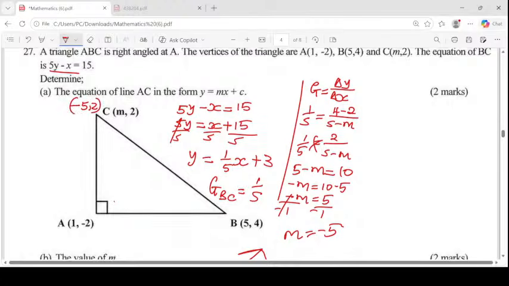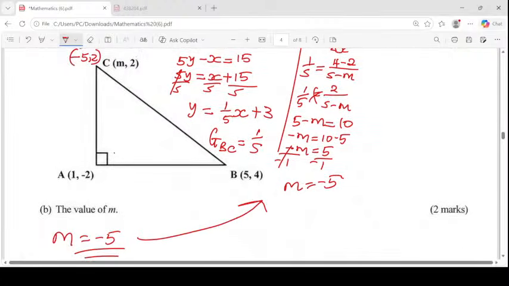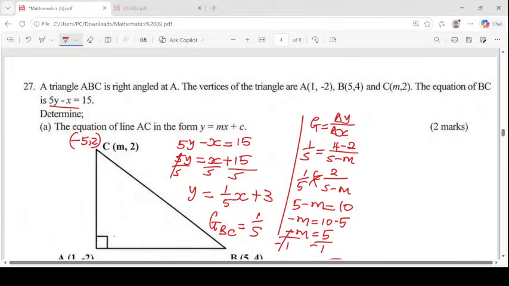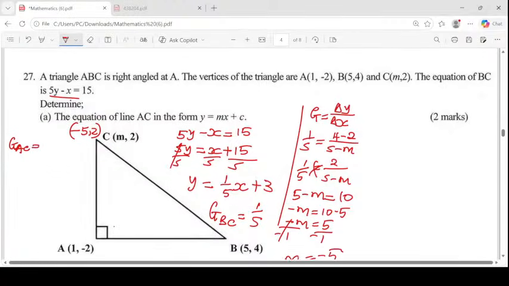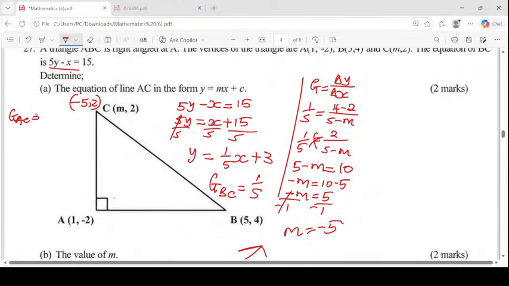I can get the gradient of line AC, which is change in y over change in x. So that is 2 minus negative 2 all over negative 5 minus 1.